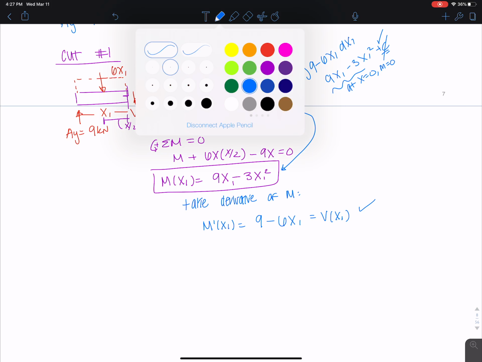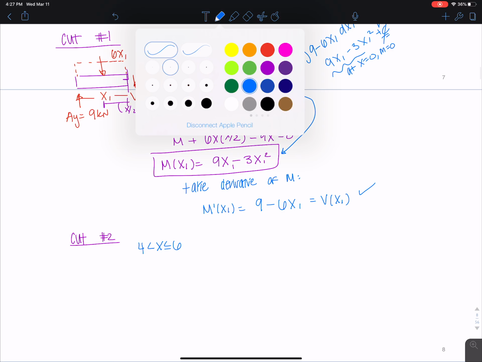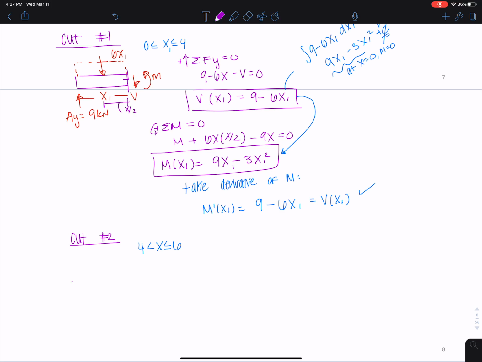Okay, so let's do our second cut. Okay, and this is going to be for x between 4 and 6. And I'm just going to cut from the other direction now.